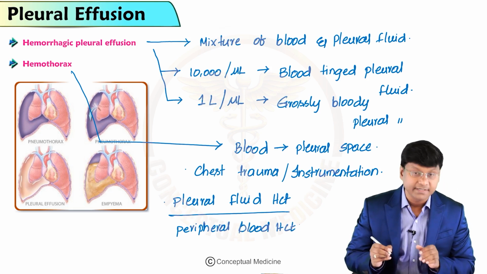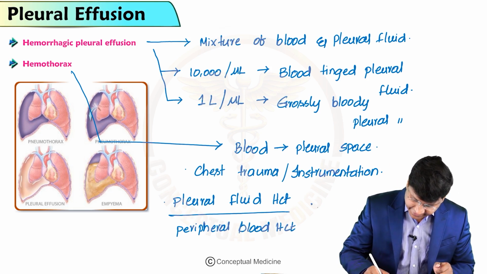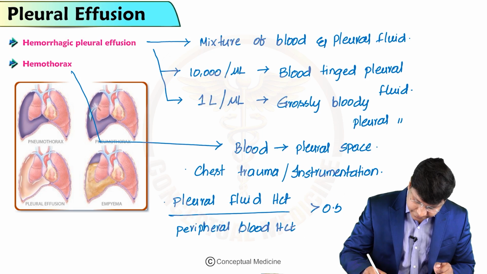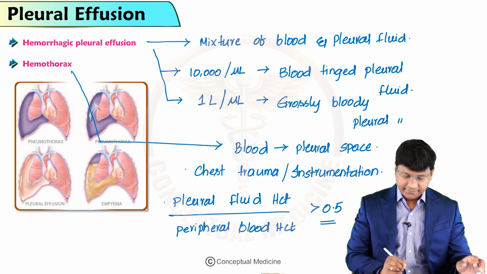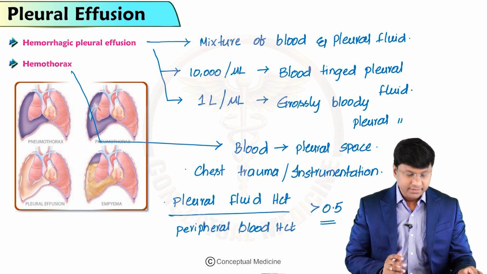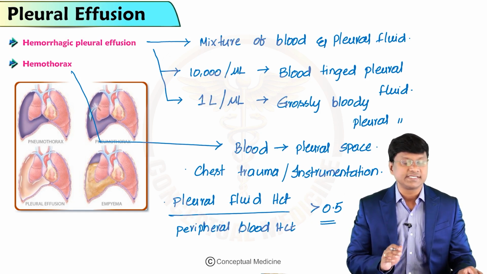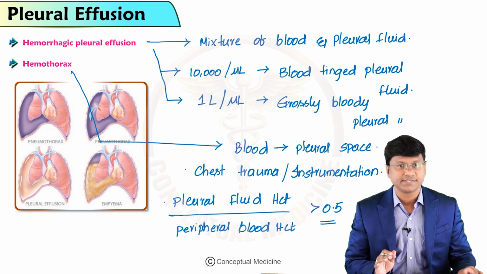If this ratio is greater than 0.5, then we call it hemothorax. This is the criterion to call it hemothorax.